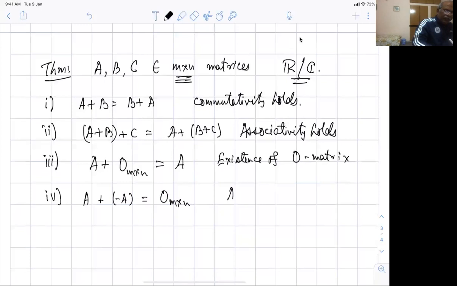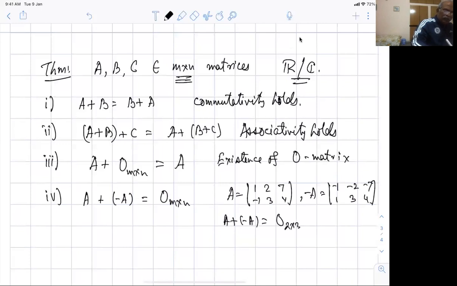So for example, if A is 1, 2, minus 1, 3, 4, 7, then minus A, I can take it as minus 1, minus 2, 1, minus 3, minus 4, minus 7. So you can check that A plus minus A is 0 of size 2 cross 3, which is also equal to minus A plus A. You can verify it yourself. Is that okay?